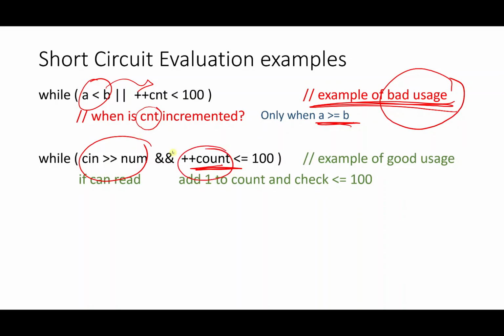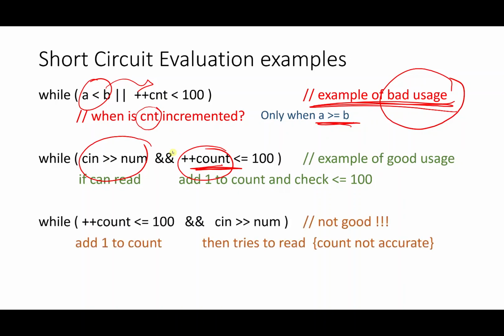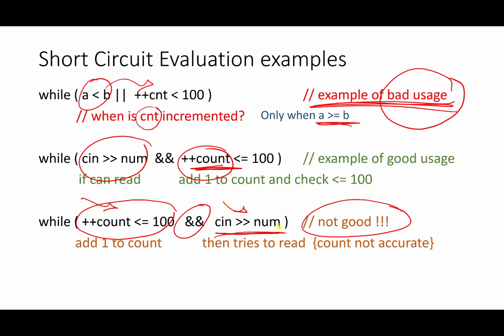That means that I read something valid, right? Here's not a good usage of the and. If I have this in here, I increment first, then I check the count. No, wait a second. What if this is corrupted? If this is corrupted, it shouldn't be counted in the first place, right?